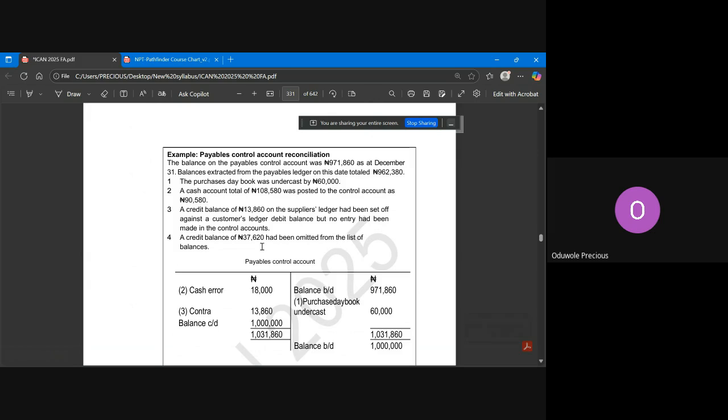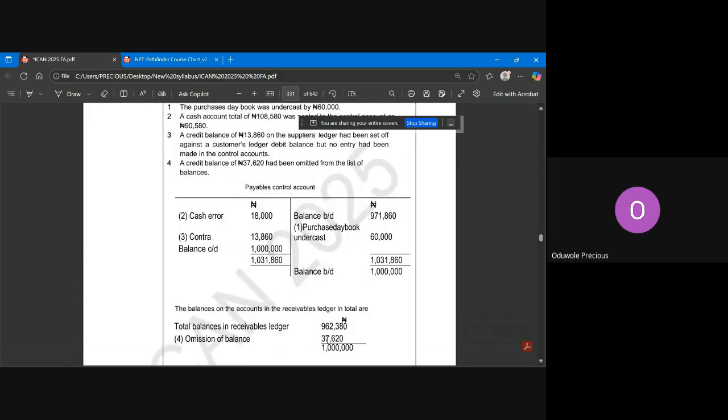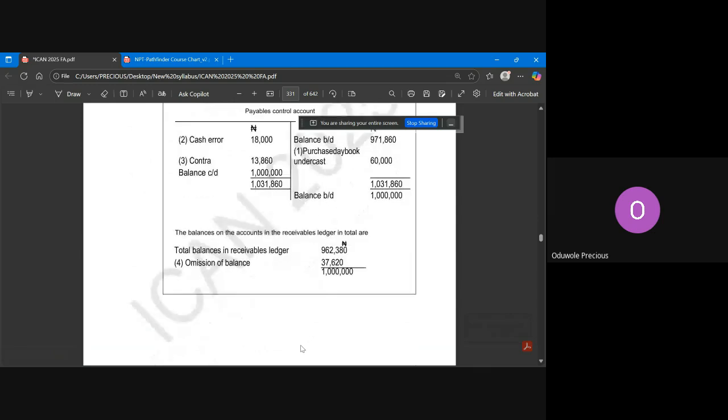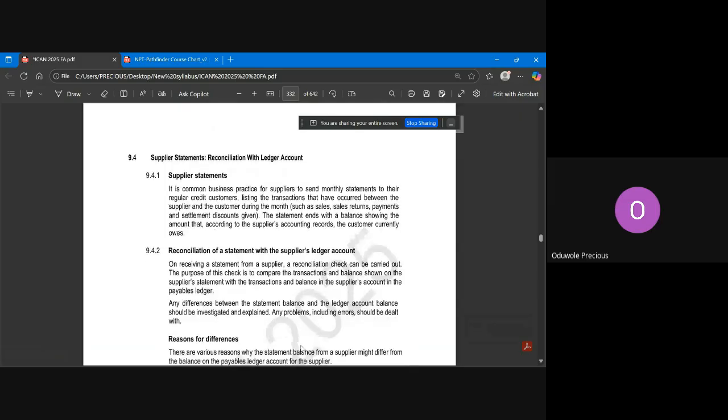So this one will not be here; the credit balance will be in your ledger balances, so that will add to them. If you add all these, you get 1 million. If you add this one plus this one, you get 131,860, then minus this, it gives you 1 million. So the 1 million must be correct to know that your reconciliation is correct and complete. That's the last thing.